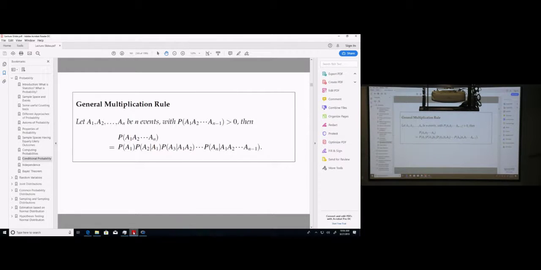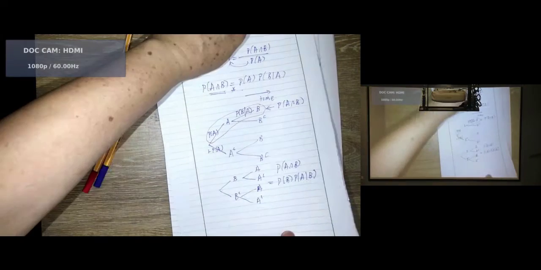Okay, the multiplication rule can be extended to more than two events. So maybe I'll do it in slow motion. I'll do it for n equal to 3 first, and then you will see the situation.